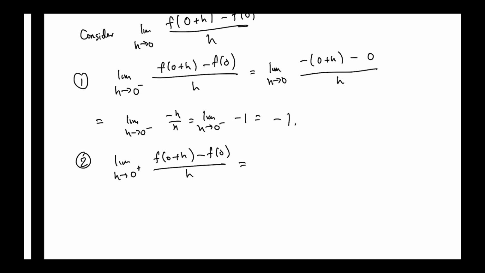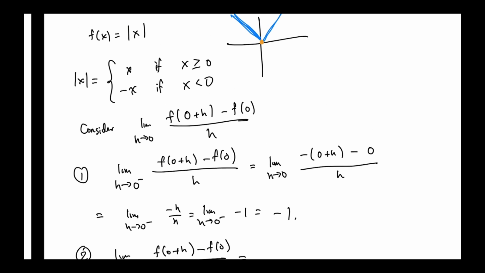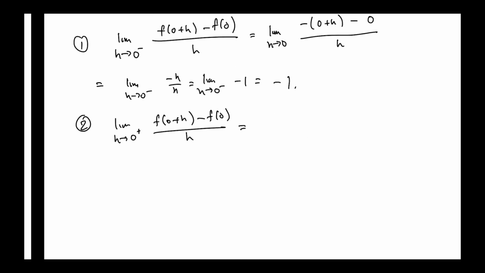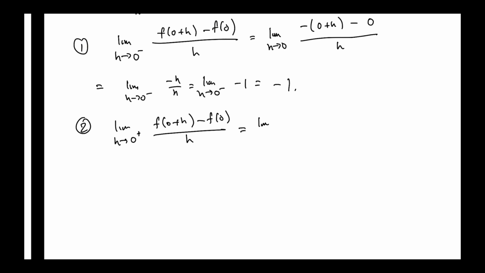If I scroll back up to the piecewise definition, we're on the top part this time. So the input value is exactly the output value. And so we just get 0 plus h minus 0 all over h. Okay, are we cool with that part? Because again, that's the hard step.